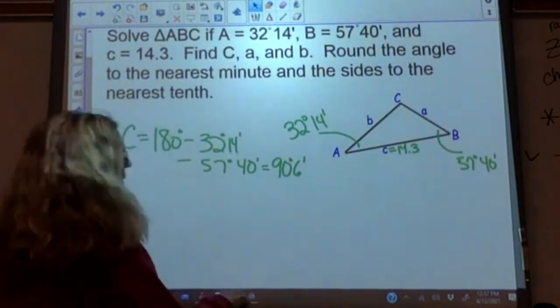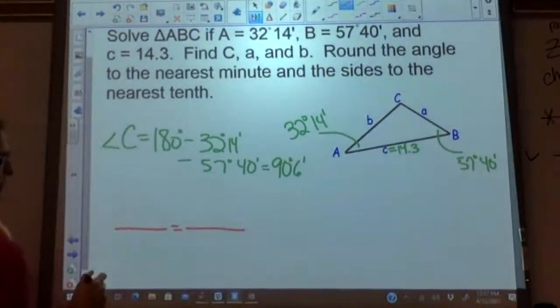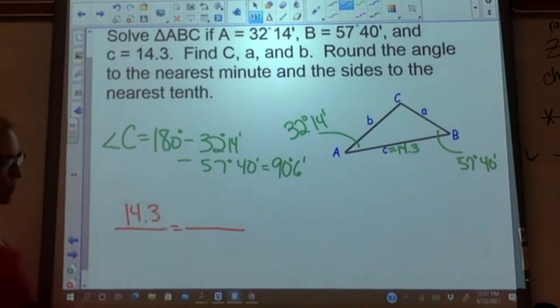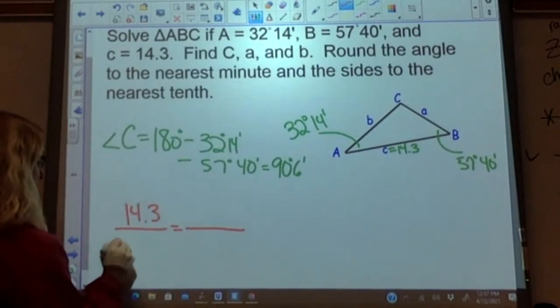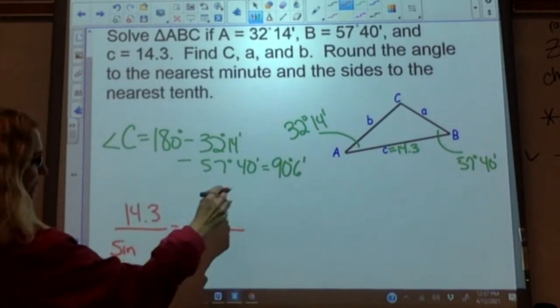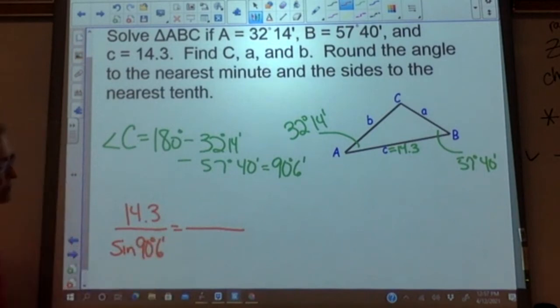I need an angle and its corresponding side to set up the law of sines, because we need that proportion to get started. So I put the side, 14.3, over sine of angle C, which is 90 degrees, 6 minutes.